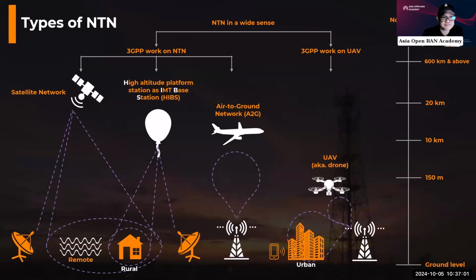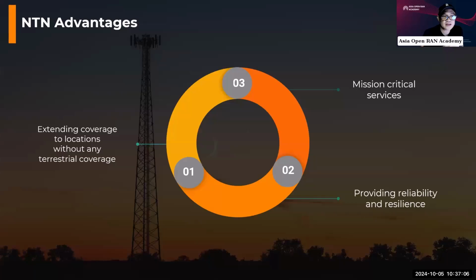So the non-terrestrial network is used to extend coverage, for mission critical services, and providing reliability and resilience for ultra-reliable and low latency.